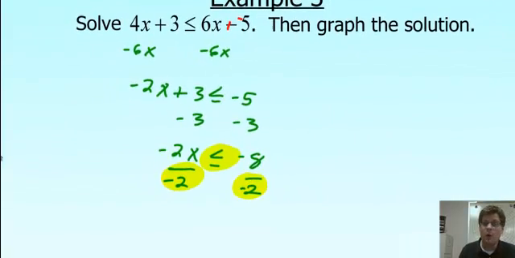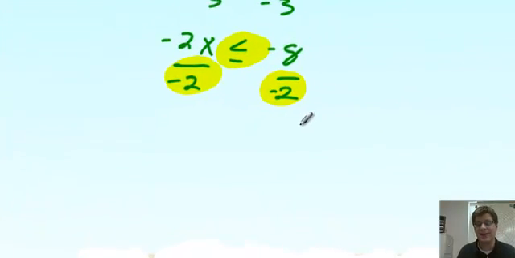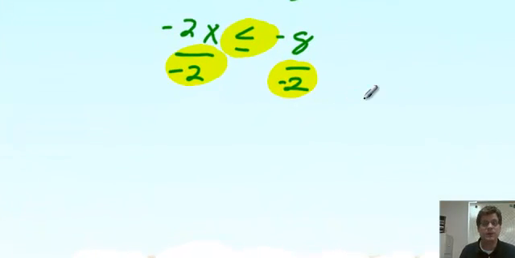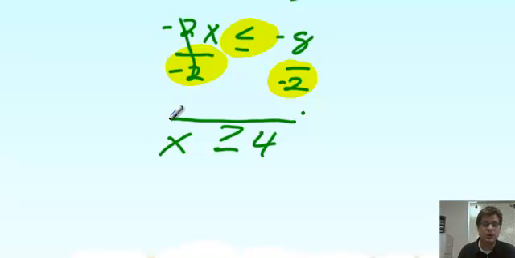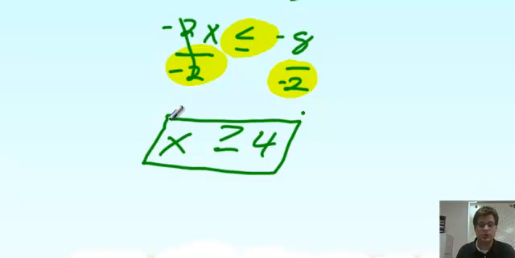And whenever you divide or multiply by a negative number, you're going to flip that inequality sign around. So you want to make special note of that. When you multiply or divide by a negative number, so here the 2's cancel, but now this is going to become greater than or equal to a positive 4. So that's going to be my solution.